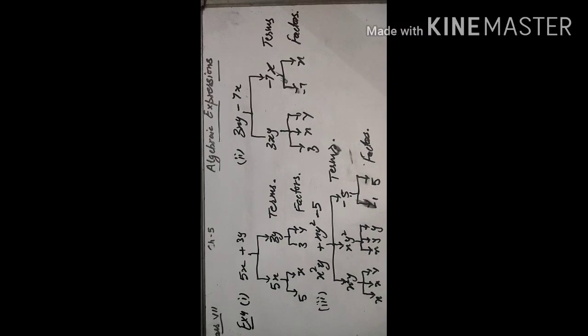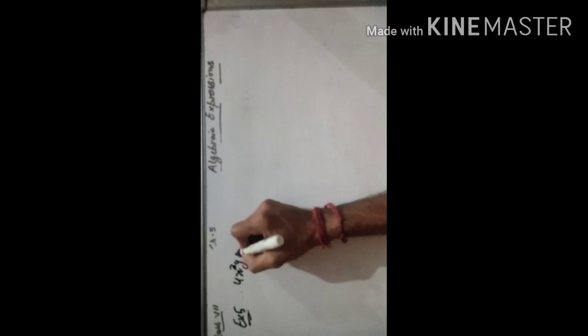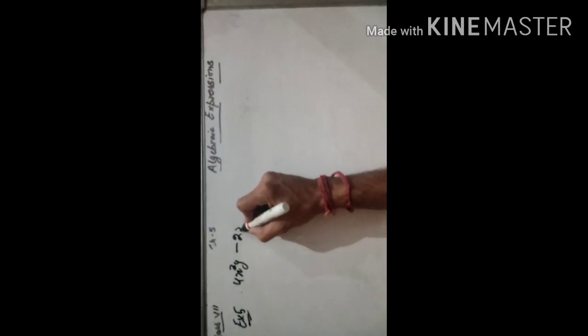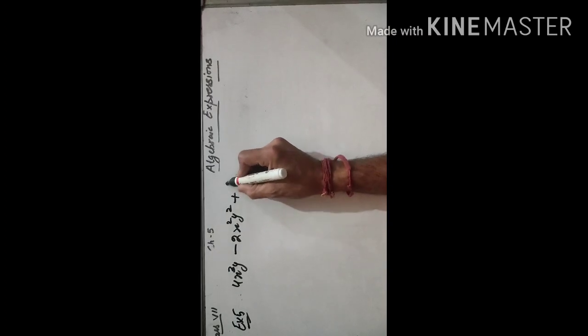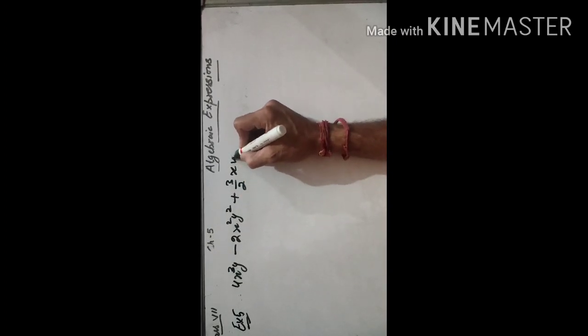Now example number 5. Consider the algebraic expression 4x cube y minus 2x square y square plus 3 by 2 xy square minus 6x. First part is, what is the number of terms?